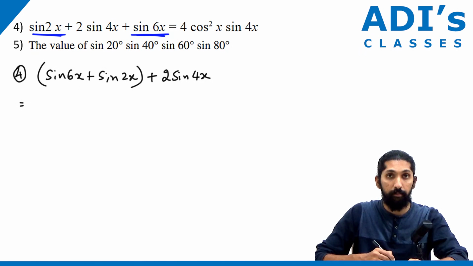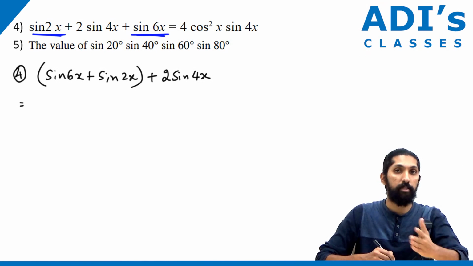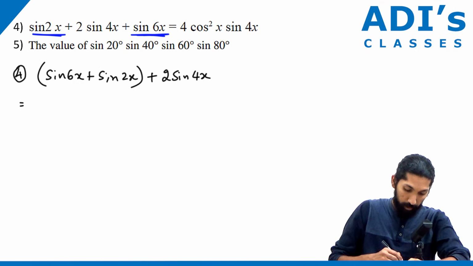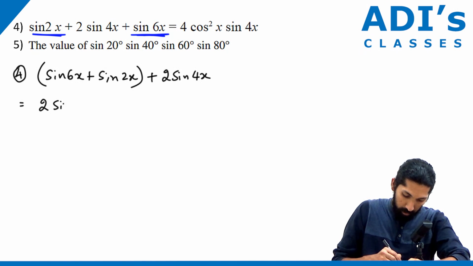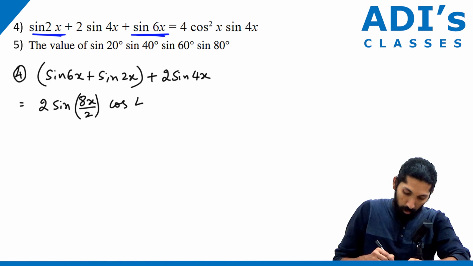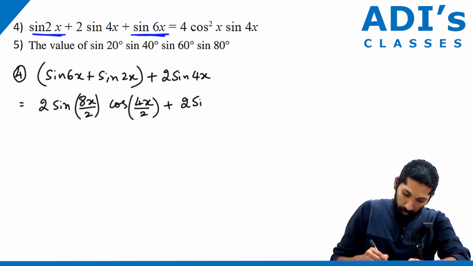Sine c plus sine d, which is 2 sine c plus d by 2 cos c minus d by 2. So you will get 2 sine 8x divided by 2 into cos 4x divided by 2 plus 2 sine 4x.